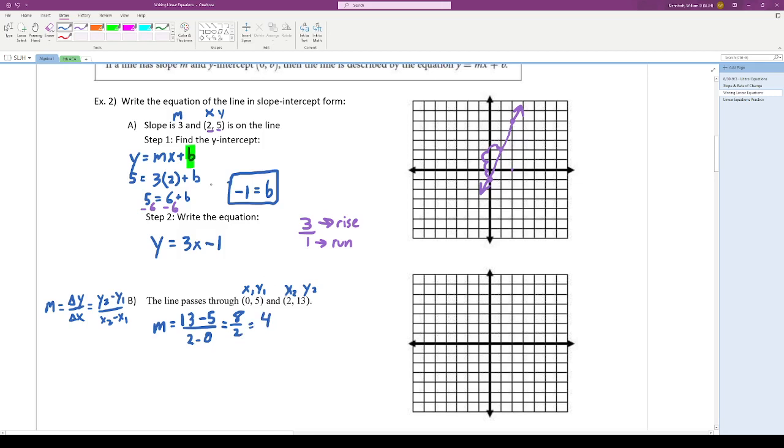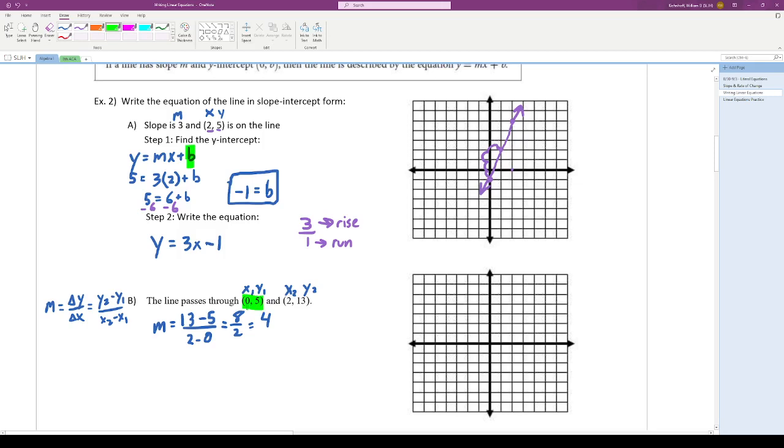Now we can do what we did in the first problem and plug in one of our x and y values. That would allow us to calculate our y-intercept. But if we are a little careful and look at this, we can see that we don't need to do that step because we've been given the point (0, 5).